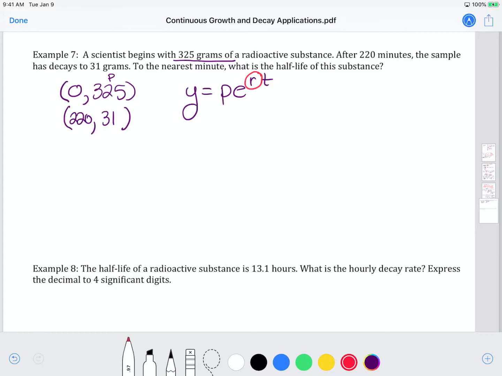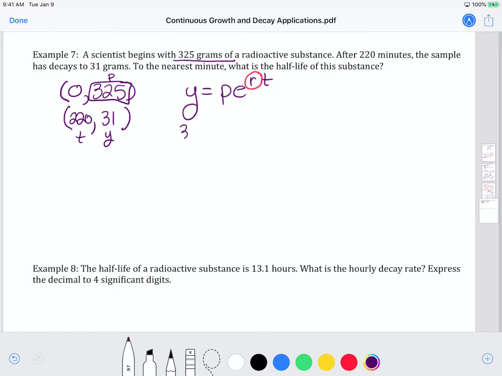Once I figure out what my R is, then I can plug in half of 325 for Y and solve for T to see how long it takes to get down to half of that. But I can't do that until I have my R. So first I solve for R. Think of this as my extra point. This is going to be my T, this is going to be my Y, and then this is my initial value P. I'm going to plug all that in and solve for R.